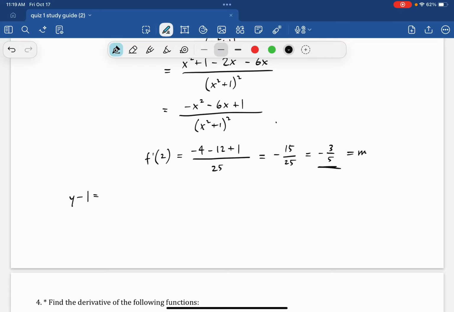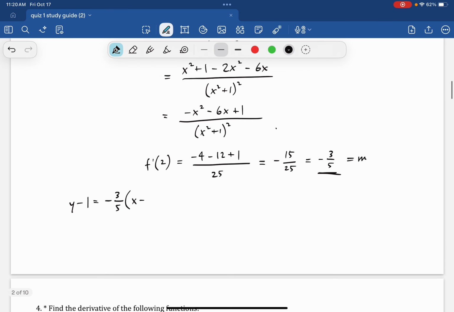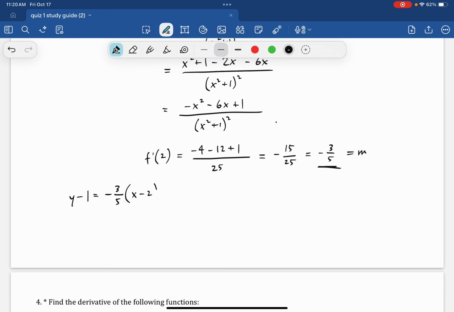And so m is negative 3/5. x minus, what is the x coordinate? It's 2. So x minus 2. If I expand this, that gives me y minus 1 equals negative 3/5 x plus 6 over 5. So if I bring the 1 to the right side, I'm left with negative 3/5 x plus 11 over 5. That's my answer.